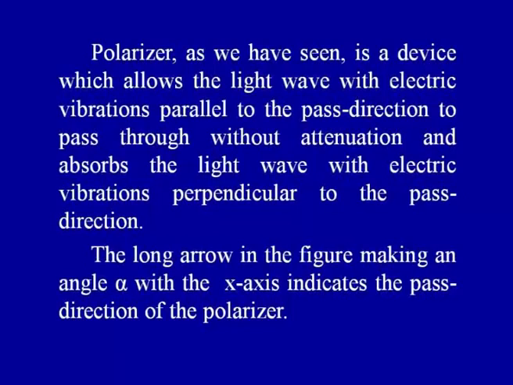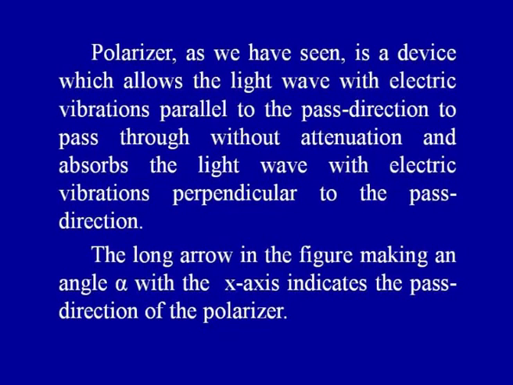The polarizer, as we have seen, is a device which allows the light wave with electric vibrations parallel to the path direction to pass through without attenuation essentially, and absorbs the light wave with electric vibrations perpendicular to the path direction.